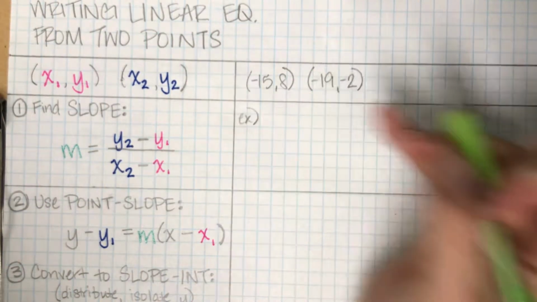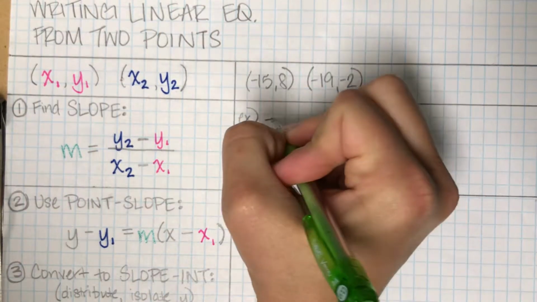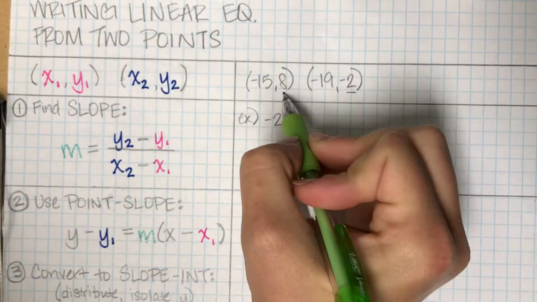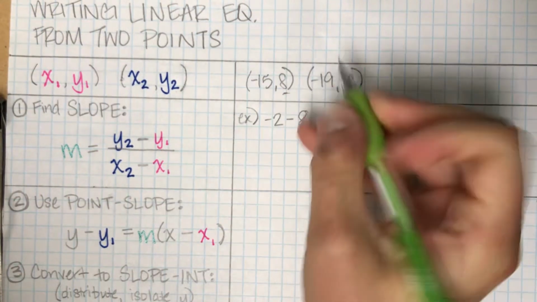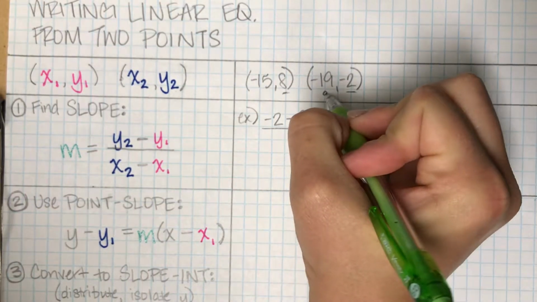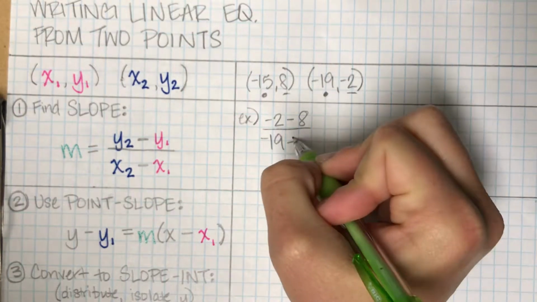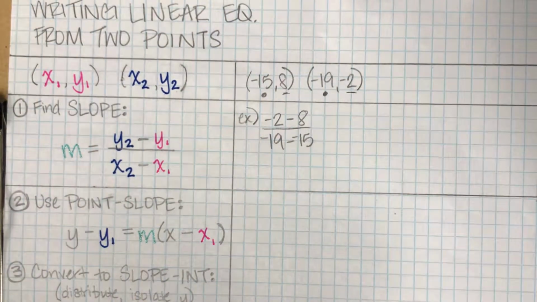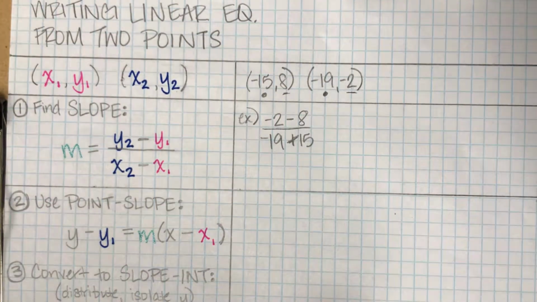So I'm going to take y2, which in this case would be negative 2, minus y1, according to my formula. So 8 over x2 minus x1. And anytime you have minus and a negative in a problem, that actually becomes addition.